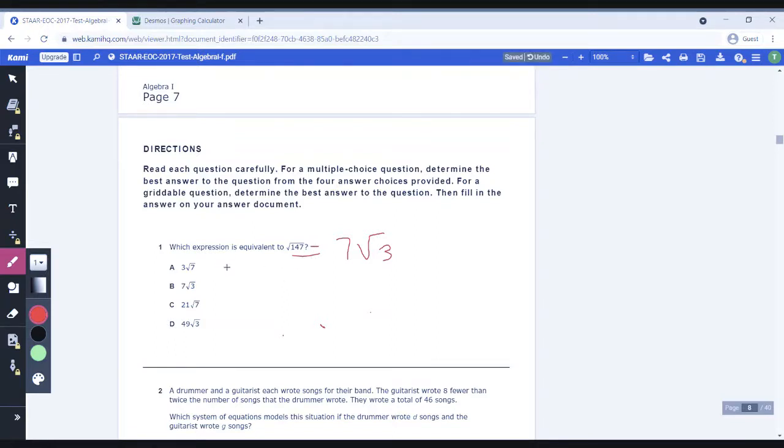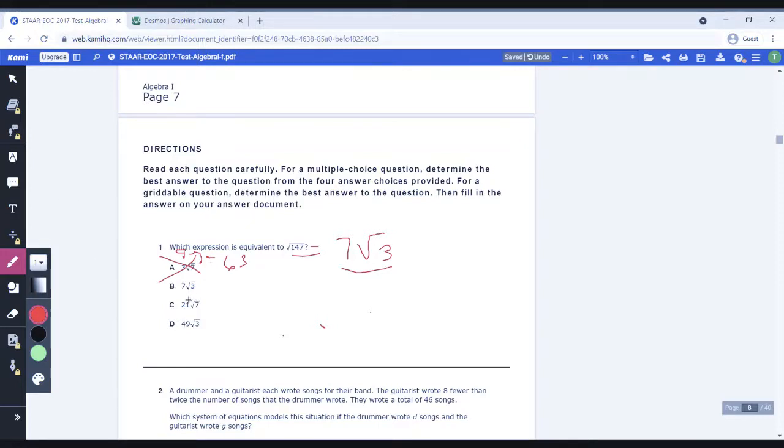Let's just use the rule. If you're kind of doubtful whether your answer is correct, we can just use the rule I talked about. So 3 squared is 9. 9 times 7 is 63. So 63, 147? No. So that's wrong.